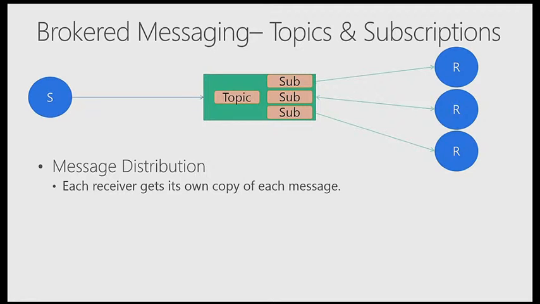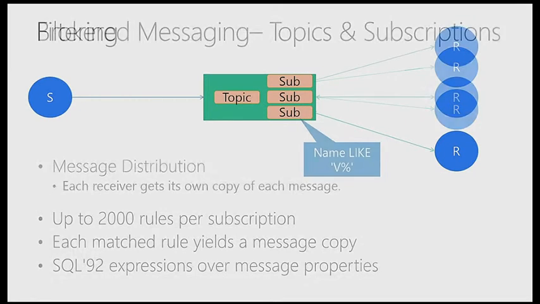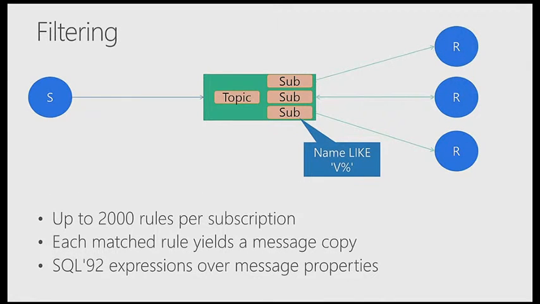Now, on top of those subscriptions, you can specify filters, and filters are defined using the message properties. Earlier today, Sam mentioned one of the best practices of putting all the logic, all the payload as properties in the message. And you can do routing based on those properties. So for each subscription, you can define a filter in SQL92 syntax based on those properties.